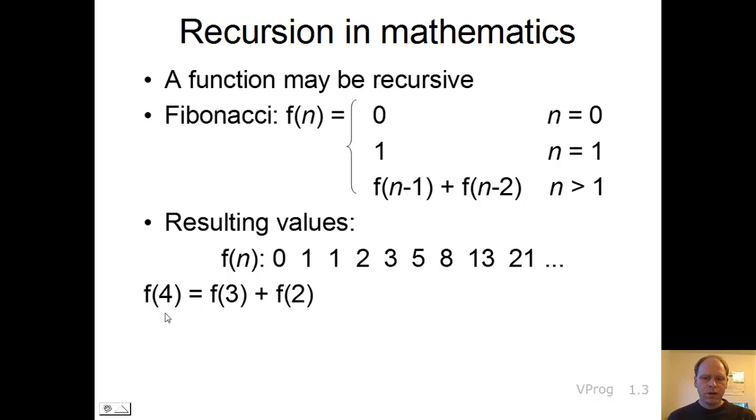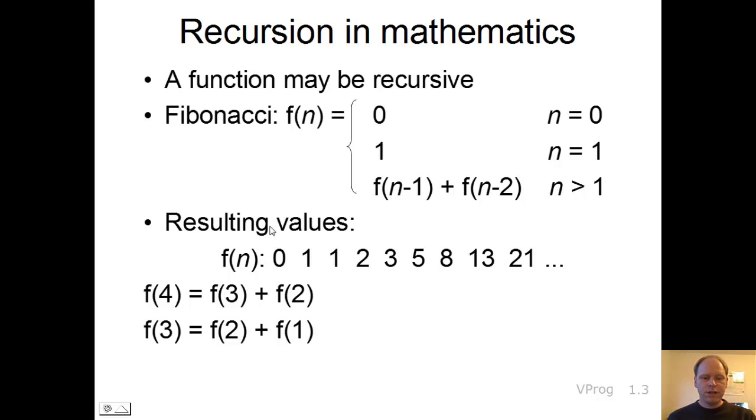So let's see what happens if we want to calculate f4. Here n is 4, so we get to the case n is greater than 1. f4 equals f of 4 minus 1, which is 3, plus f of 4 minus 2, which is 2. So f4 equals f3 plus f2. Okay, but what is f3? Again, we use the definition of f.